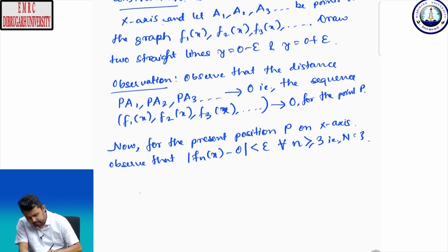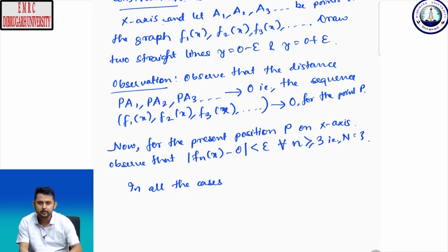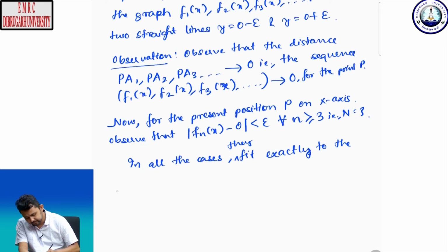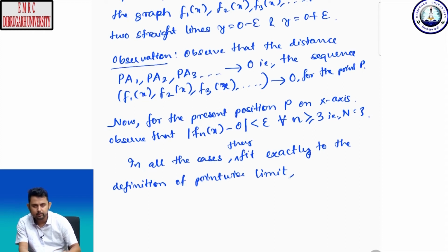In all the cases, that means for each particular value of x or each particular point P, they fit exactly to the definition of pointwise limit, right. So, what was the pointwise limit?